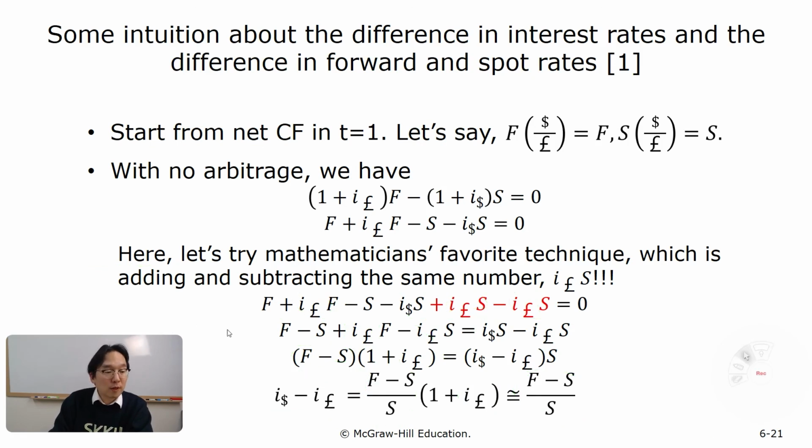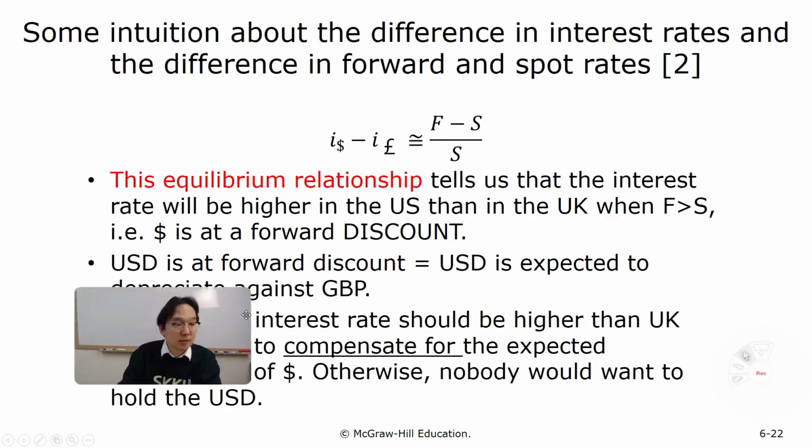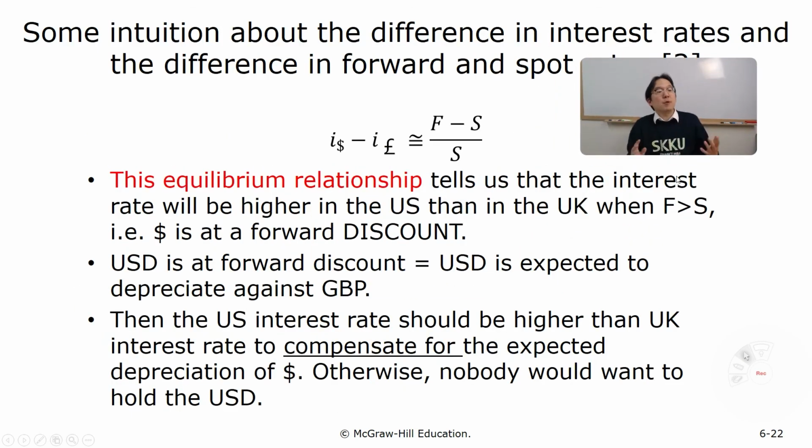Now, what can we infer from here? The next slide tells us the story. This equilibrium relationship tells us that the interest rate will be higher in the US than in the UK when the forward rate is greater than the spot rate. Okay? British pound spot rate is 1.3 maybe, forward rate 1.5 or something. Higher rate: the British pound is expected to appreciate, or the US dollar is at a forward discount.